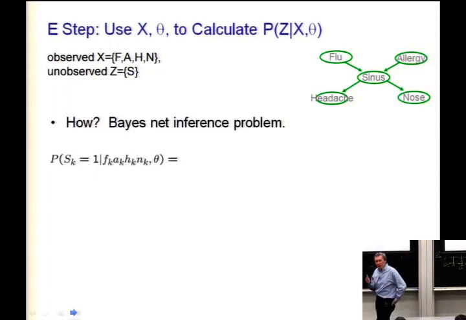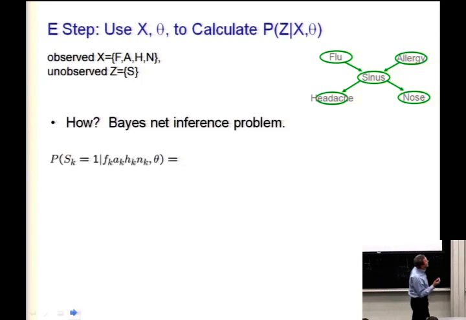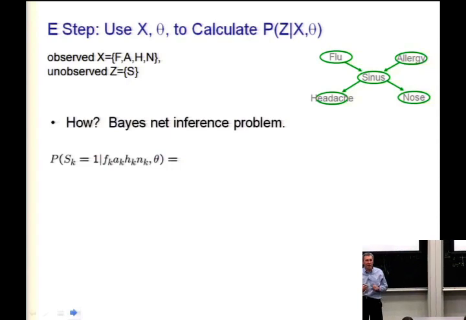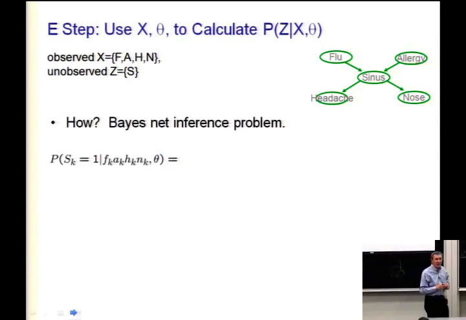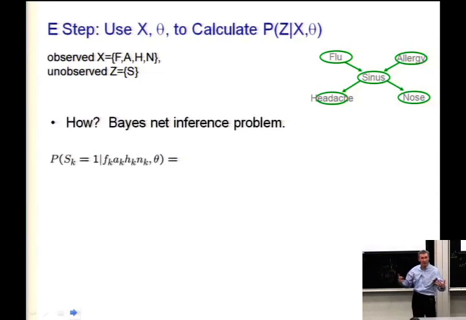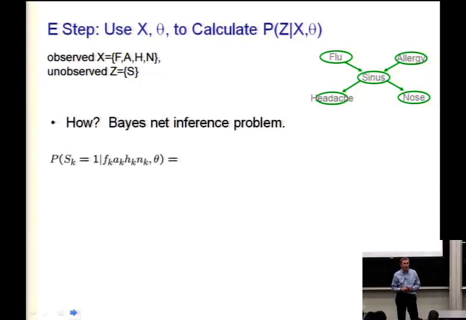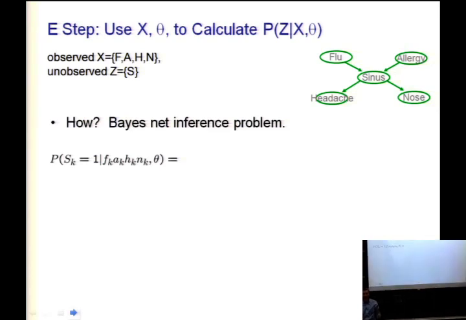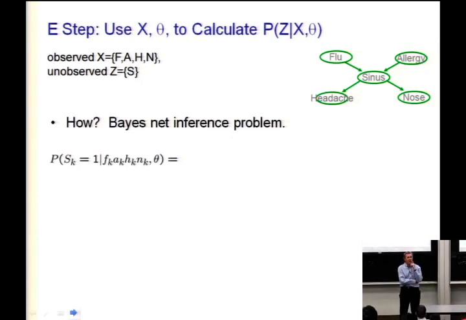Then in that E step, if I give you a set of training data where we don't observe S, but we observe the other 4 variables, and I give you, let's say, 100 examples, on each one you observe these 4 variables, then we want to apply EM to train the thetas for the entire network, including S, including the conditional probability distribution associated with S. Then on the E step, we have to go through every training example and basically calculate the probability, the expected value for S, given the observed values FA, H, and N on the kth training example. So who can tell me the formula for doing that?